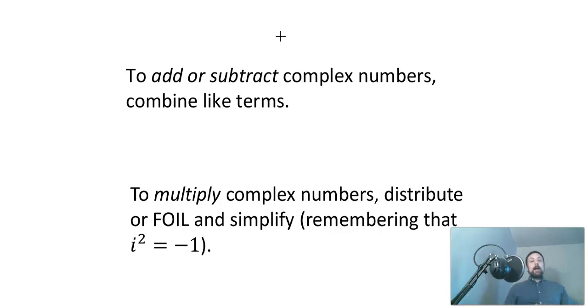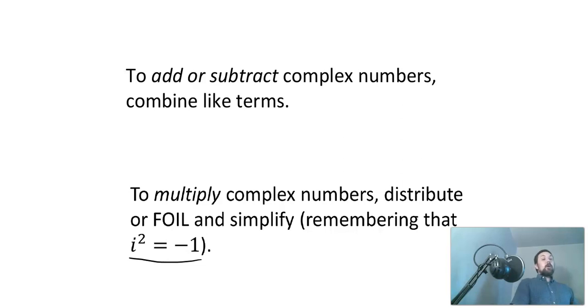So to add or subtract complex numbers, you just combine like terms. It's a very simple thing. You really treat i like it's a variable. It's not a variable, but you treat it as one for the purpose of adding and subtracting. Just combine like terms. To multiply complex numbers, you either have to distribute or FOIL, and then simplify, remembering that i squared by definition is equal to -1.